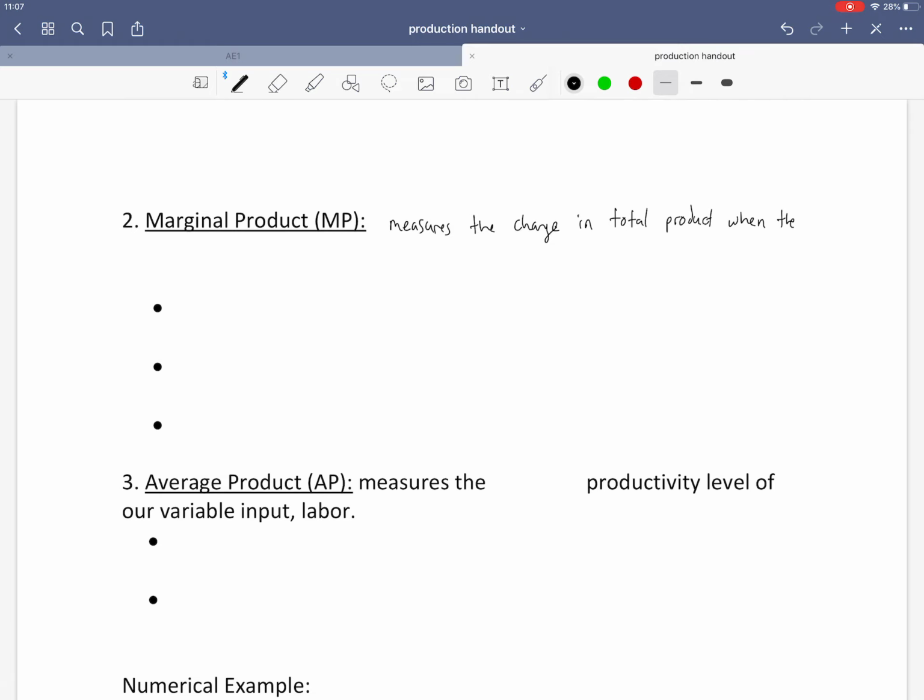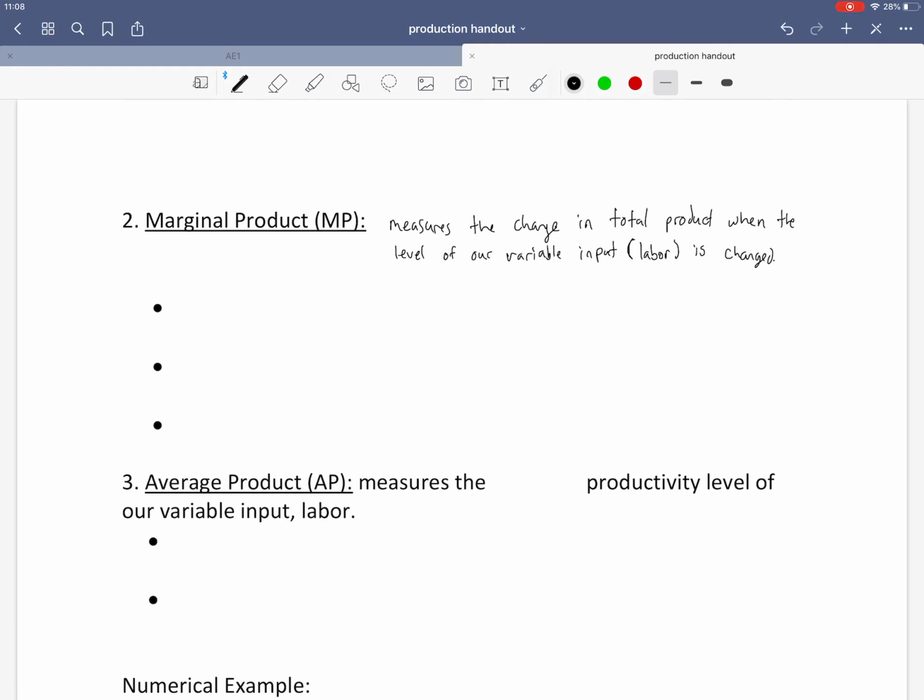So when the level of a variable, of our variable input, and if you recall, we said that our variable input is going to be labor. So when the level of that variable input is changed.